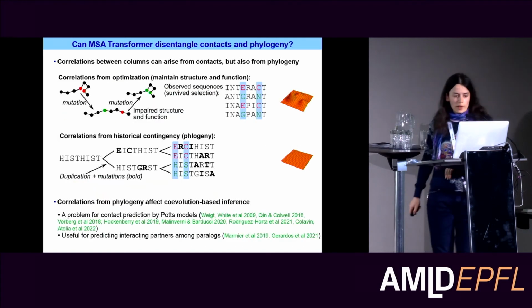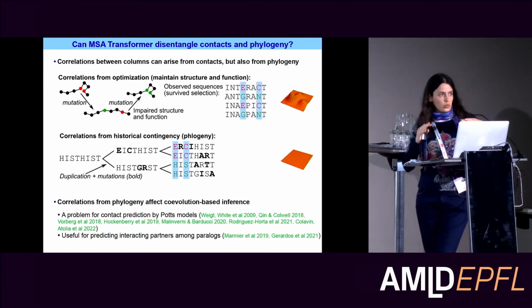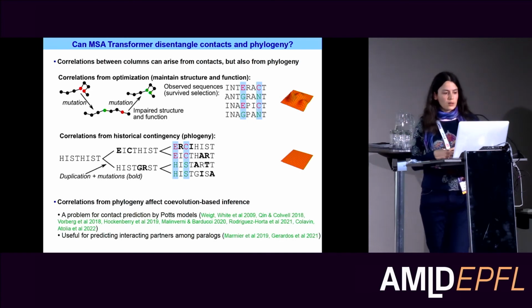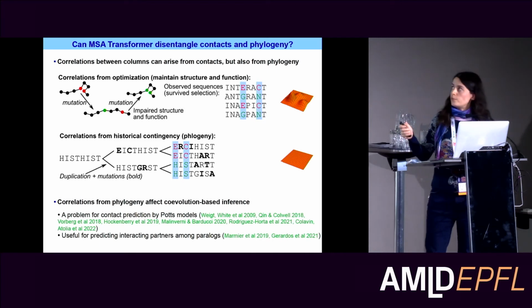So finally, the last part I want to address is whether, given that MSA Transformer is capturing these two types of information, contacts on one side and phylogeny on the other side, it can actually disentangle correlations from contacts and from phylogeny.